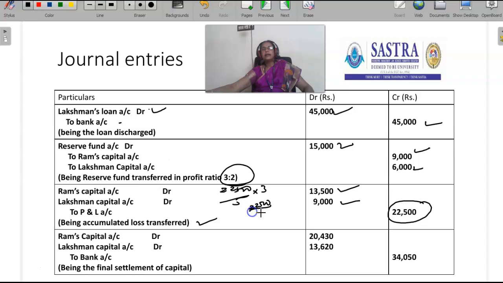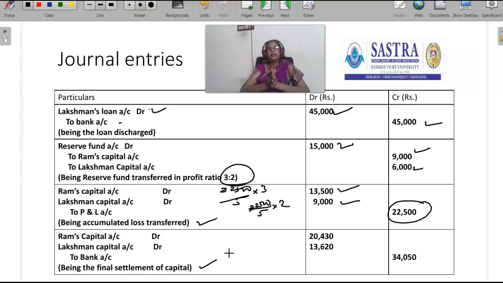22,500 divided by 5 into 2. Okay. Then next, final settlement. We have to close all the accounts: all the assets are transferred to the realization account, and all the liabilities are transferred to the realization account. Then they sold the assets, and that amount is used to settle the creditors and the expenses.